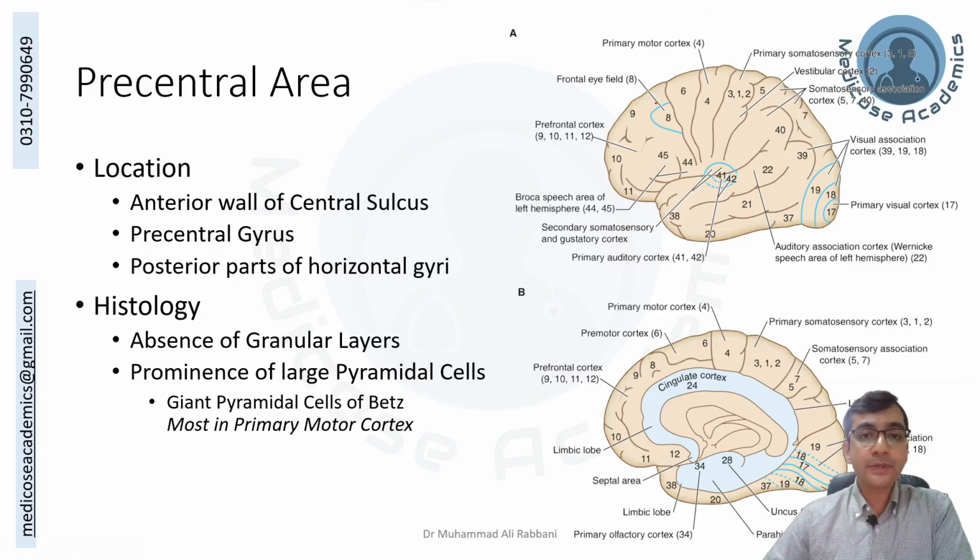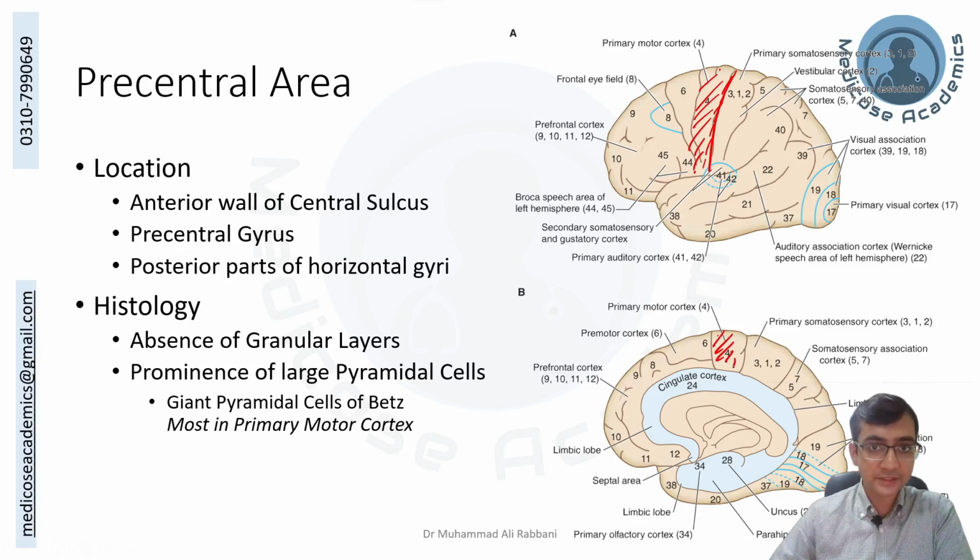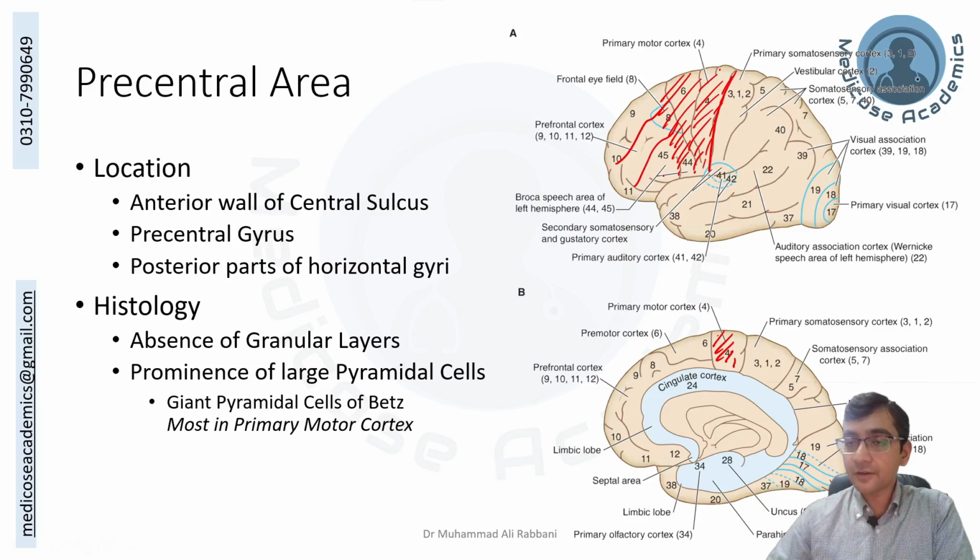First, let's talk about the precentral area. This is the area that consists of the precentral gyrus, and this is the central sulcus, its anterior wall. If you look from the depth, the precentral gyrus extends onto the medial surface, and this is the posterior part of the horizontal gyri, the superior, middle, and inferior frontal gyri.